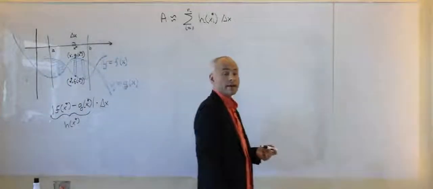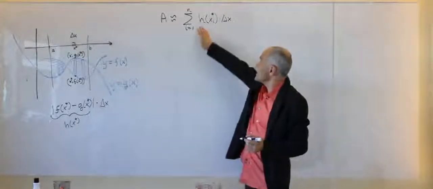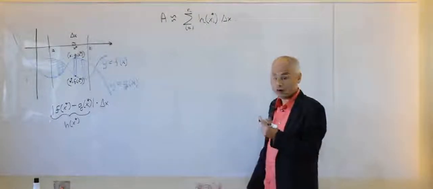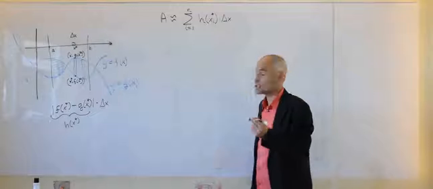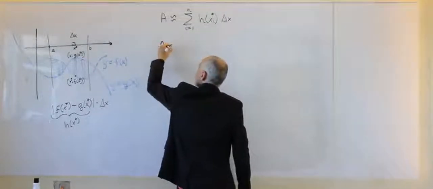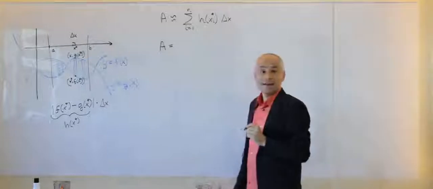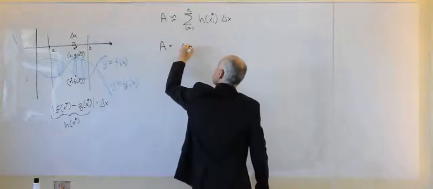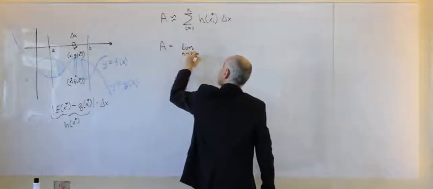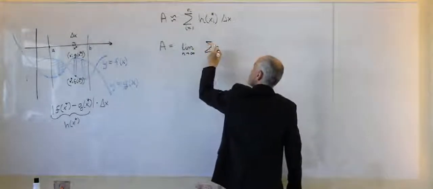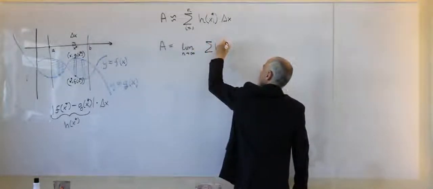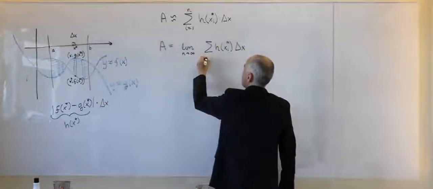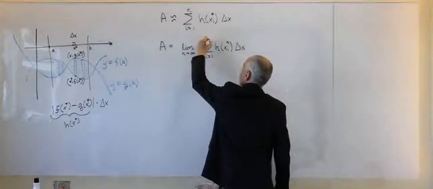But remember, in Calculus 1, in order to get a better and better approximation, we let n be larger and larger. So formally, we pass to the limit in this summation. So then the area of the region bounded by the curves f and g is the limit as n goes to infinity of the summation of h of x_i star delta x, i goes from 1 to n.